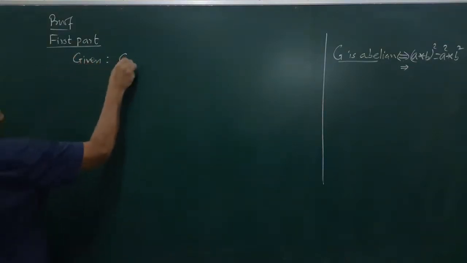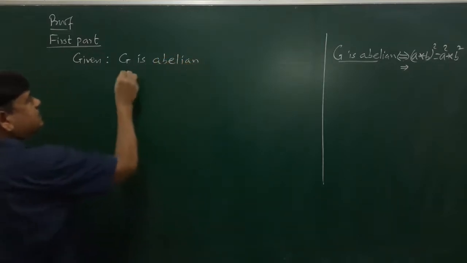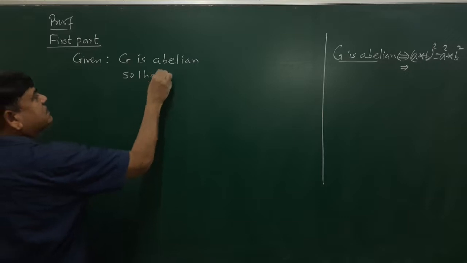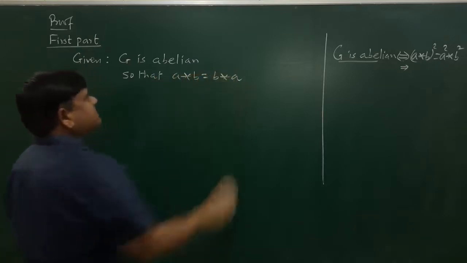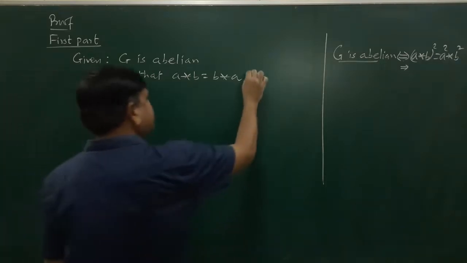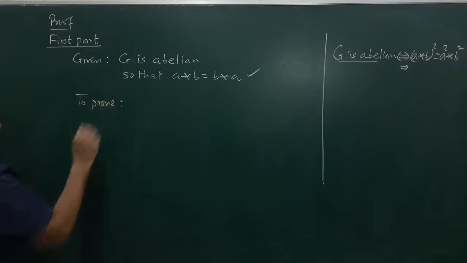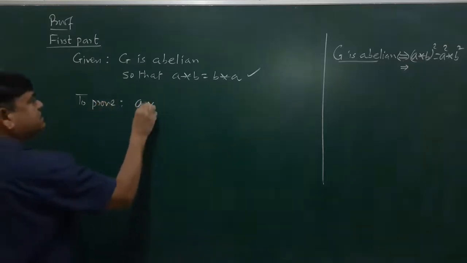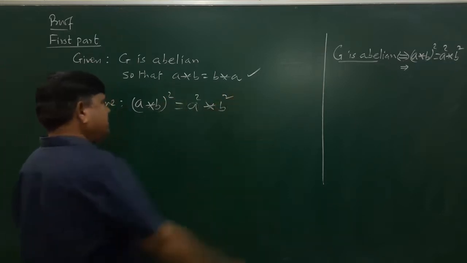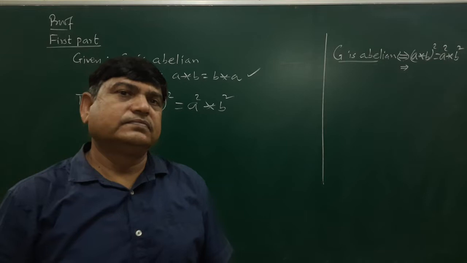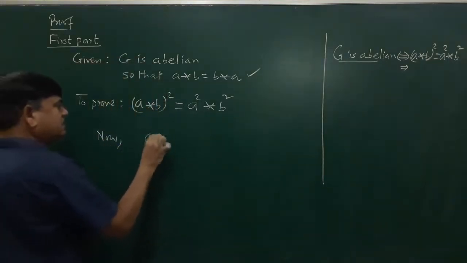What is given? G is abelian, so that a star b equals b star a. This is given to us. To prove: (a star b) square equals a square star b square. Now I consider this.